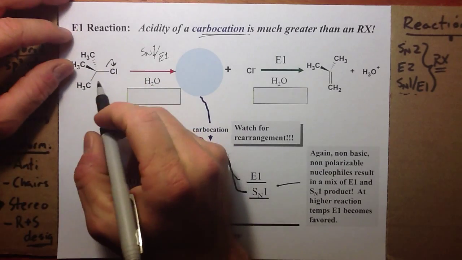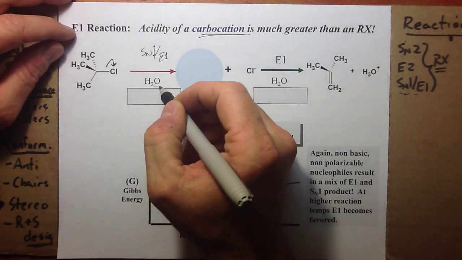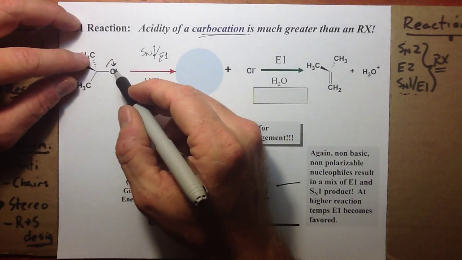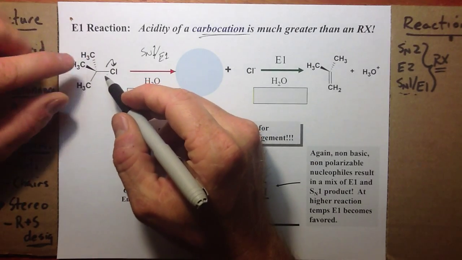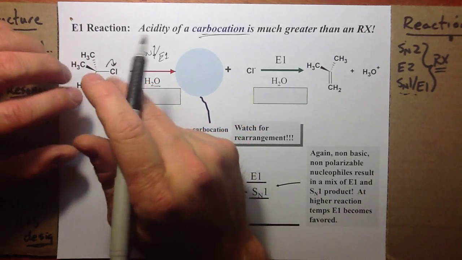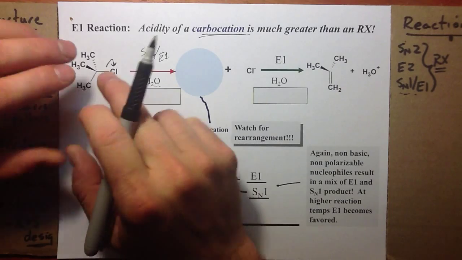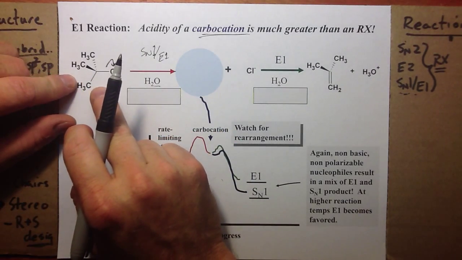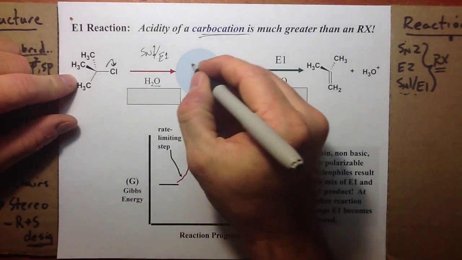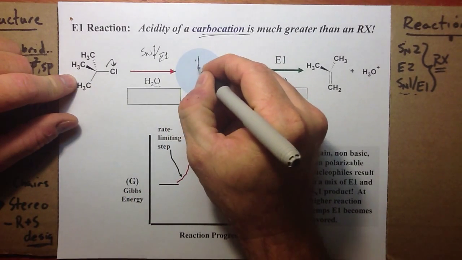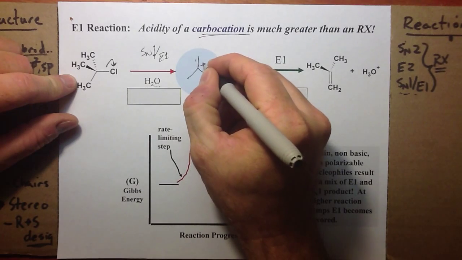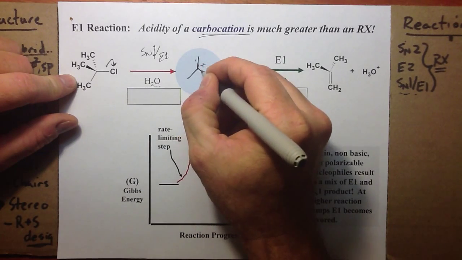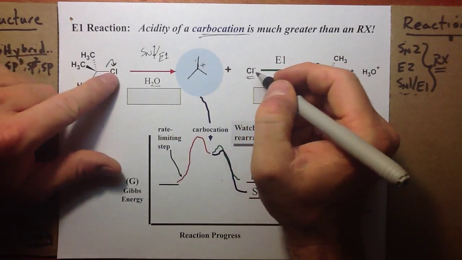We just need some energy added to the system, some stabilization of the carbocation that will allow for this unimolecular step. But dependent upon no other concentration, no other compound, just some energy, this alkyl halide that's tertiary is going to fall apart to make our carbocation plus the chloride as a leaving group.